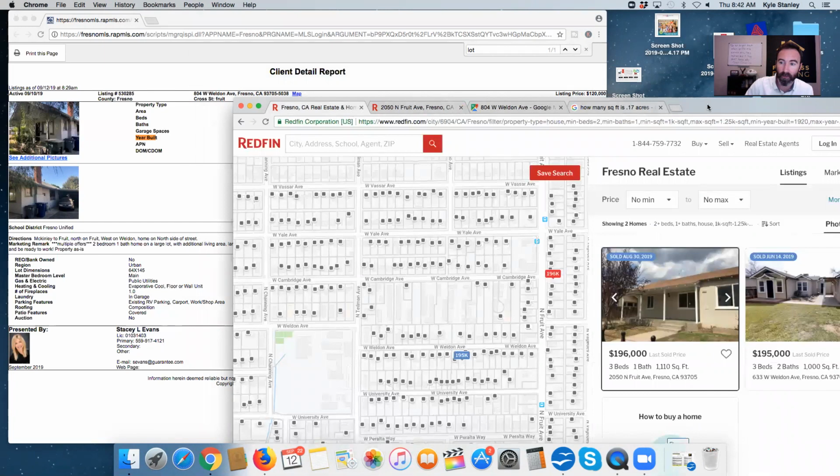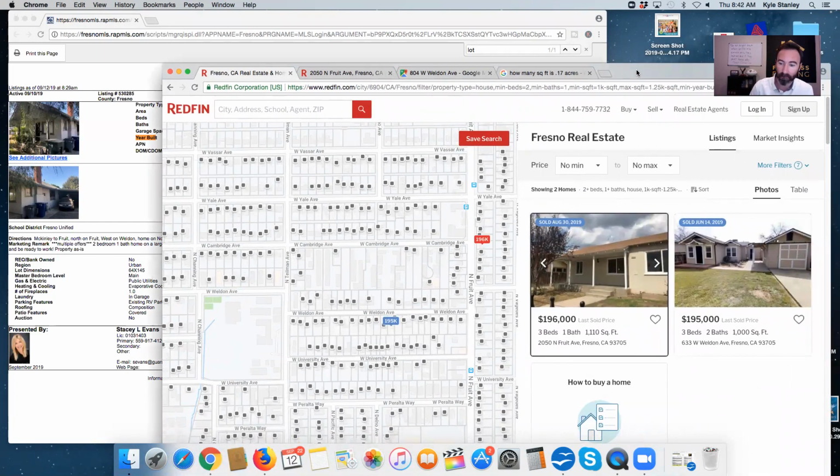I'm seeing something that is within half a mile, has sold within the last 3 months, and is very similar in terms of size of the lot. My lot is bigger, but I've got one less room, and this has a garage and mine has a garage. So what I see right now is, yeah, I think mine can sell for about 196, just like this one.